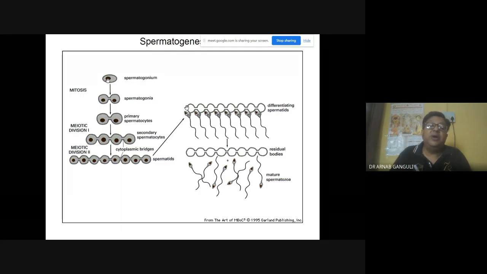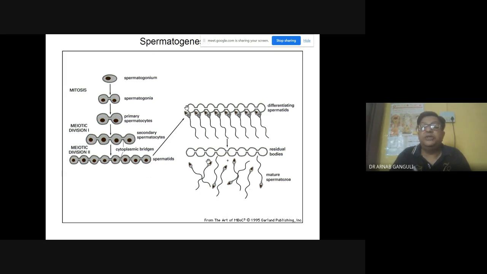This is also 2N. Then here the primary, after meiotic cell division 1, forms N. And then meiotic division 2 takes place and spermatids are formed.